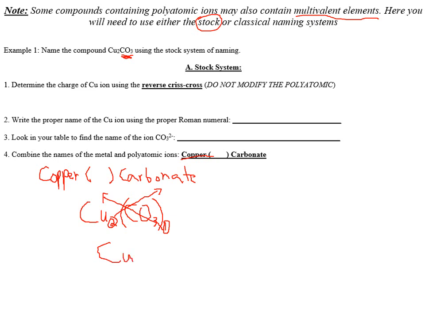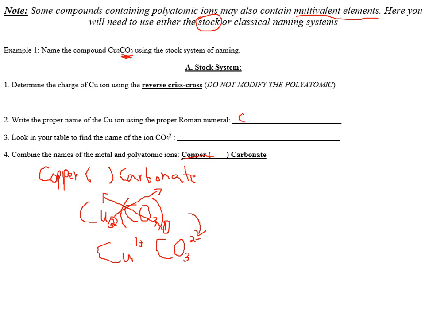So now we have Cu1 plus. We know it's plus because it's a metal. And then CO3 2 minus. You can check to make sure that this is the correct charge of carbonate, and it is. That means there was no reduction that happened. And we have copper 1 here.